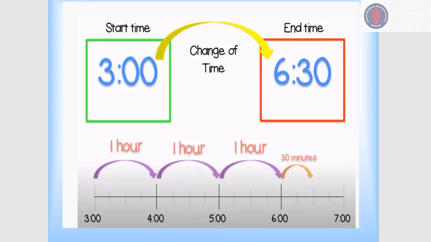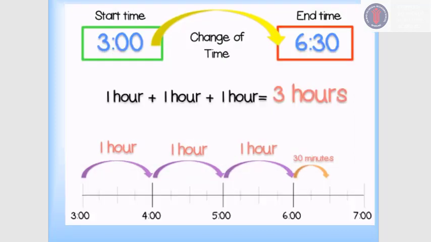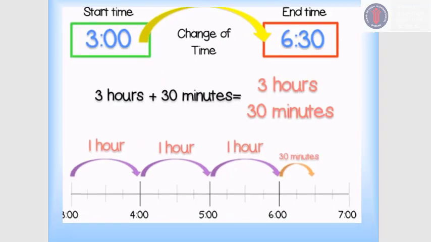The next thing we do is add the number of intervals together. 1 hour plus 1 hour plus 1 hour plus 30 minutes. So 3 hours and 30 minutes, or 3.5 hours.